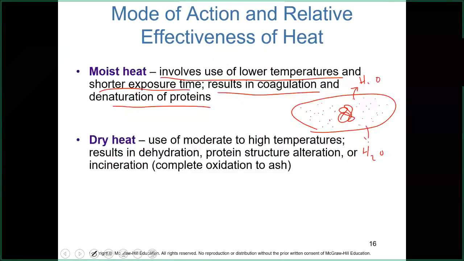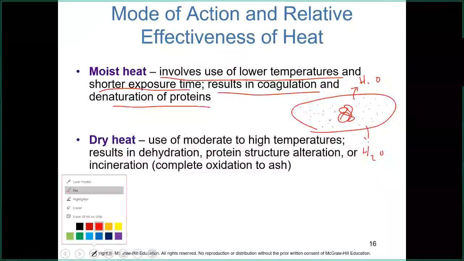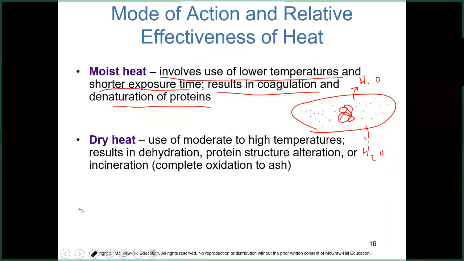And some of these proteins will, instead of staying in soluble form and staying off by themselves, let me erase some of them here to show you what will happen next. Let me just redraw it. You apply the heat.